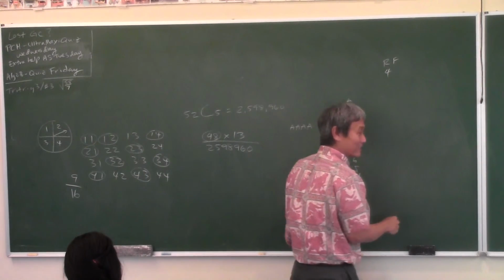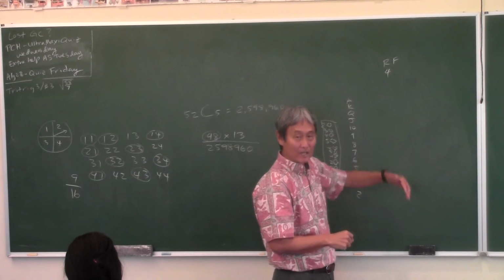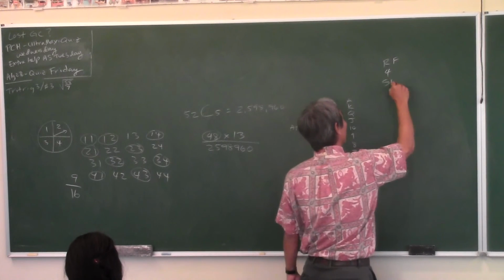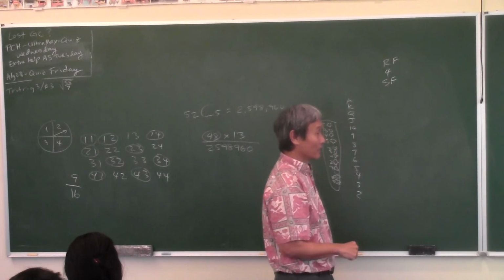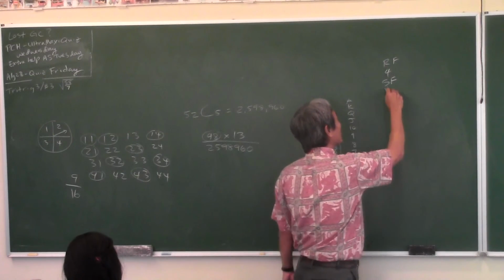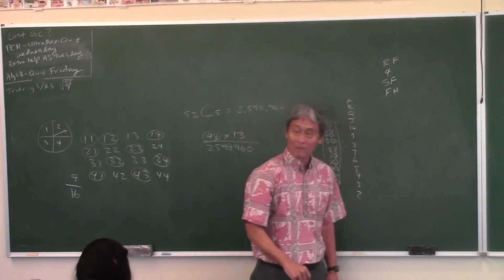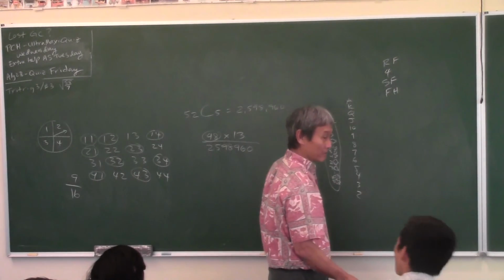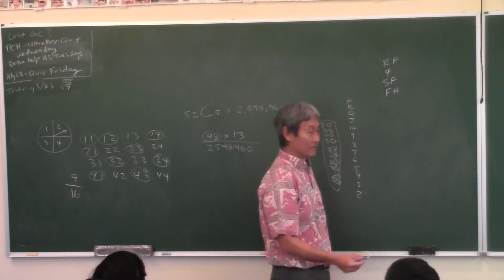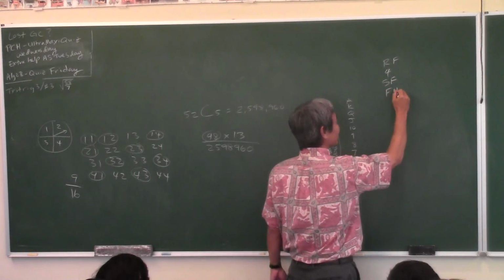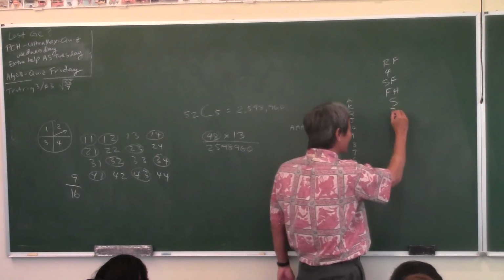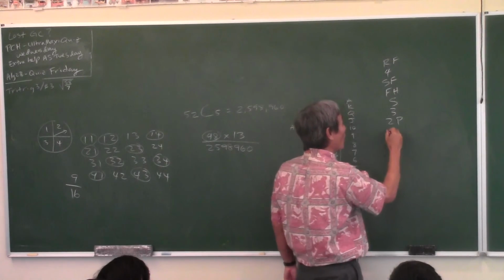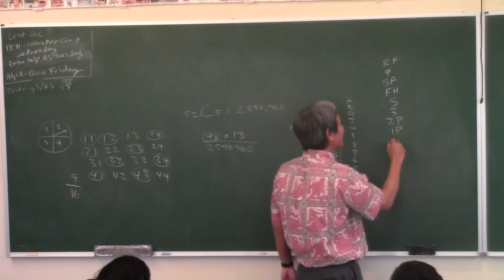Straight flush. And then 4 of a kind, and then full house. You guys sure you play poker? They show it on ESPN all the time. Full house, straight, 3 of a kind, 2 pairs, 1 pair, and then nothing.